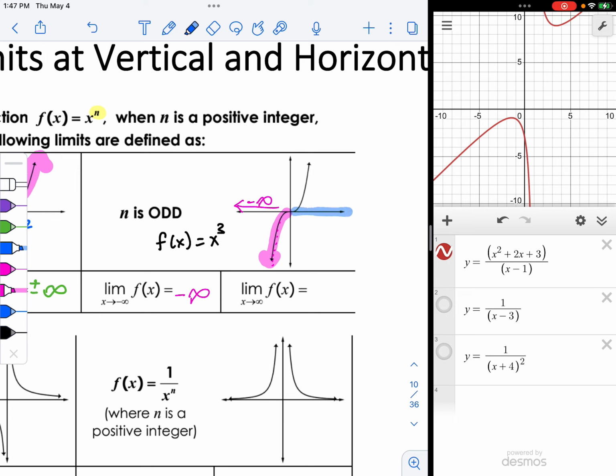But as my x value goes more positive towards that positive infinity side, we can see that my y values are headed up towards positive infinity. So in an odd function, your signs will be one positive, one negative.